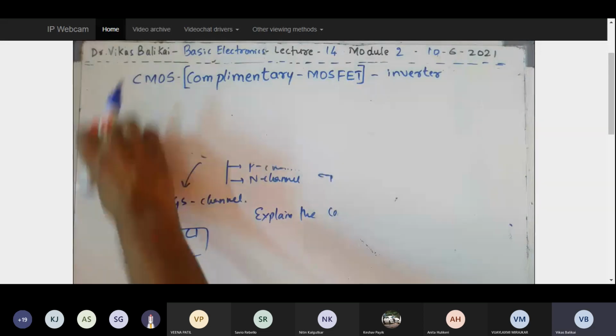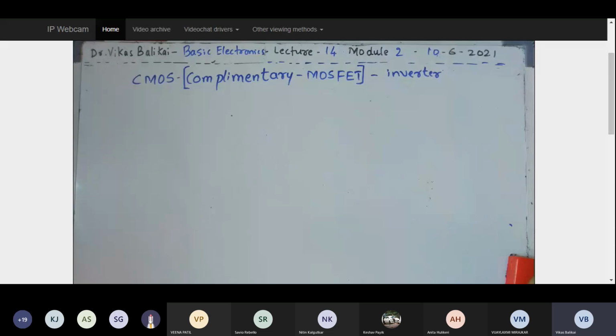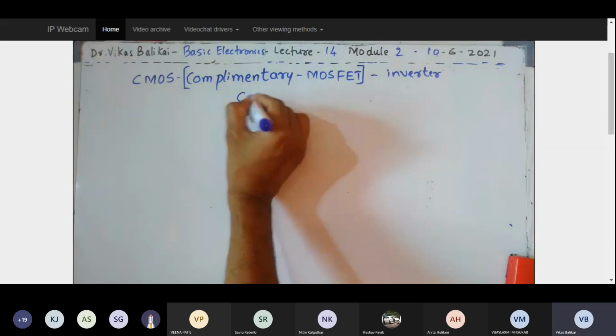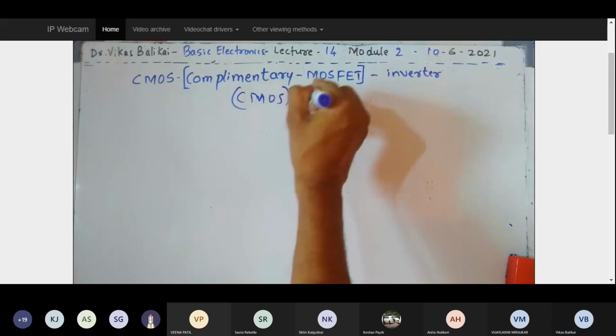But before that, there is one concept called the complementary metal oxide semiconductor field effect transistor, which we usually call CMOS, a famous logic.